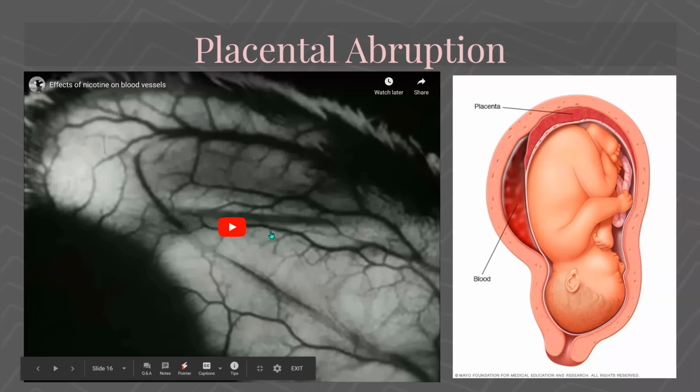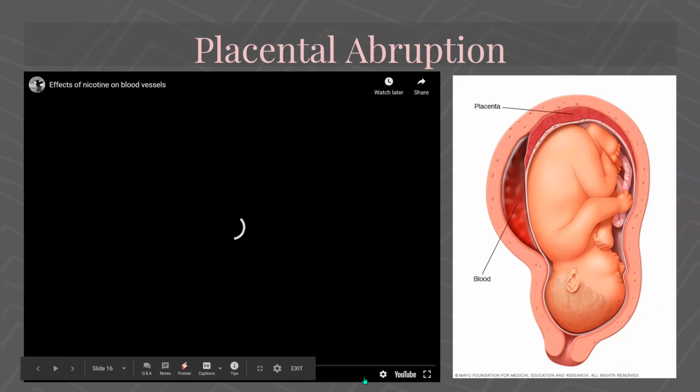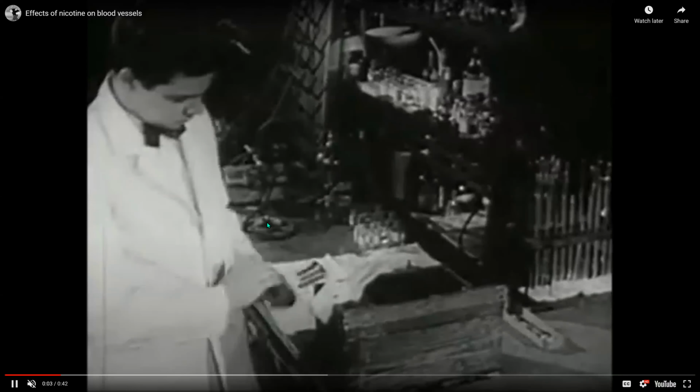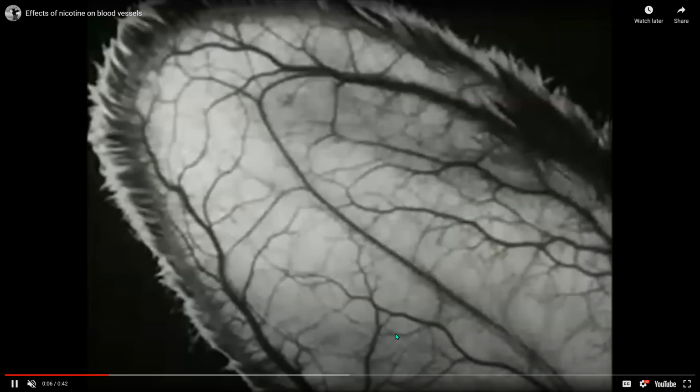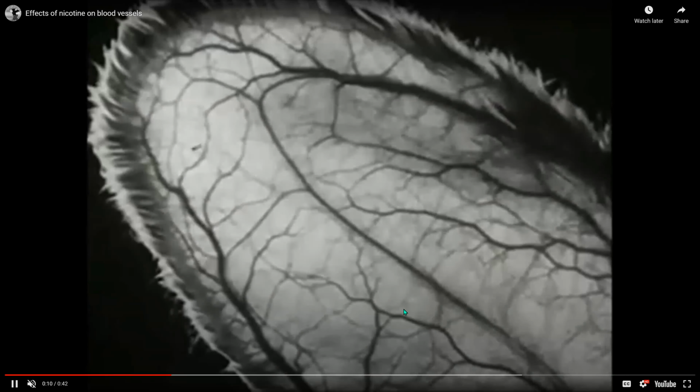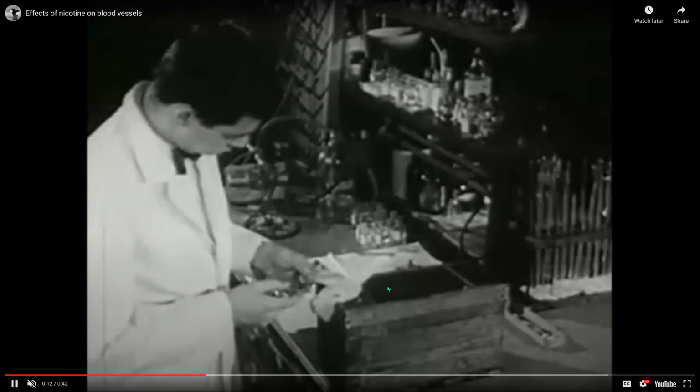So this experiment is actually, they're injecting nicotine into the ear of a rabbit. And so you can see what happens to the blood flow of the bunny's ear.